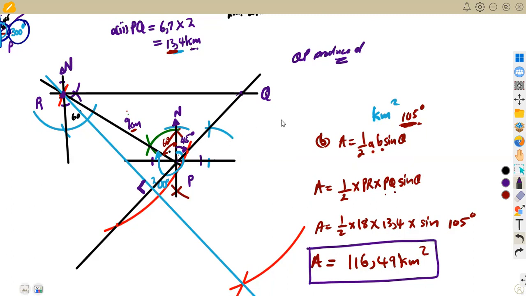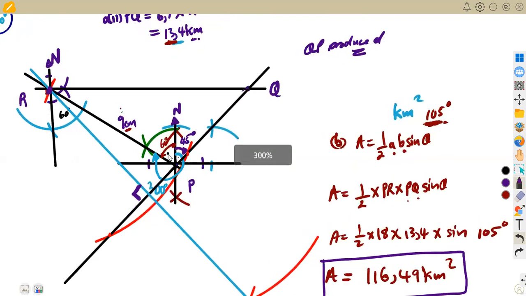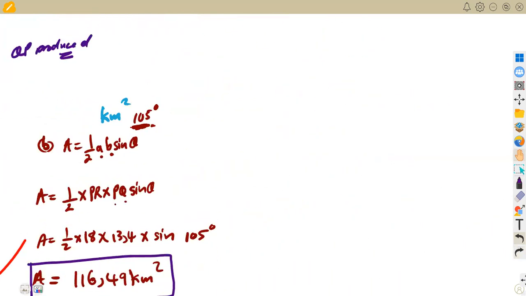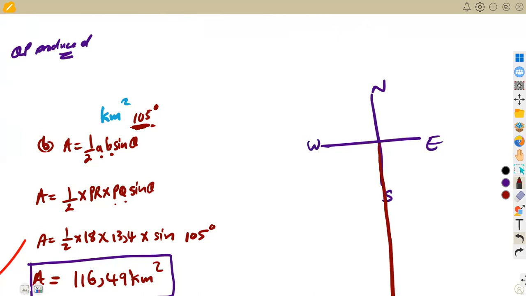So this is how we attempt questions on bearing. What we need is to understand the concept of parallel lines of north, the construction of north poles, the parallel lines concept, and also understanding due east. What do due east or due west mean? If we are given our north pole, we've got north, south, east, and west. Due south means straight to the south.